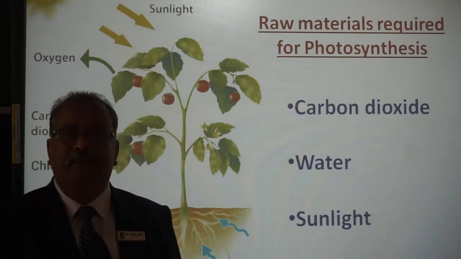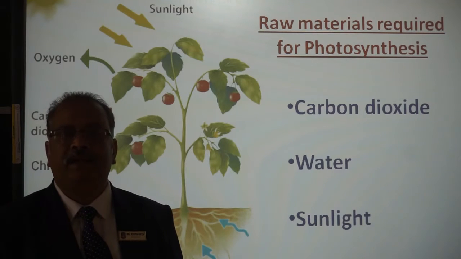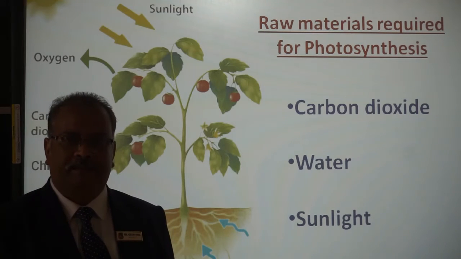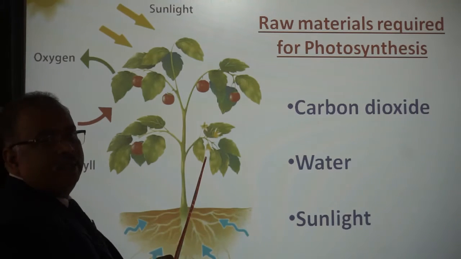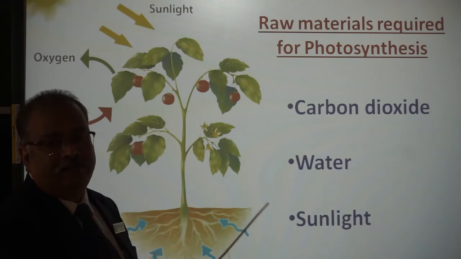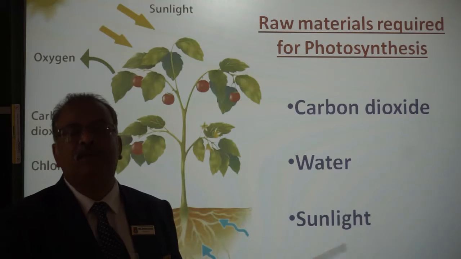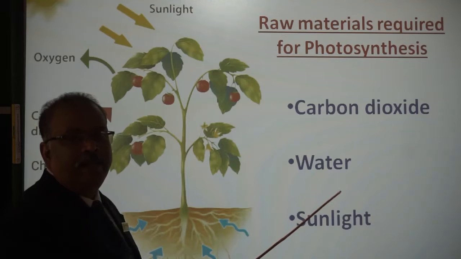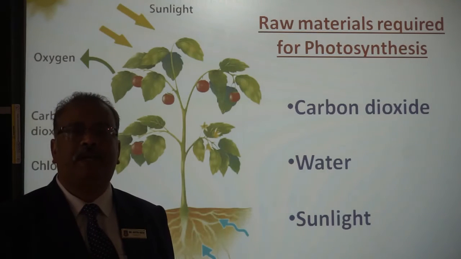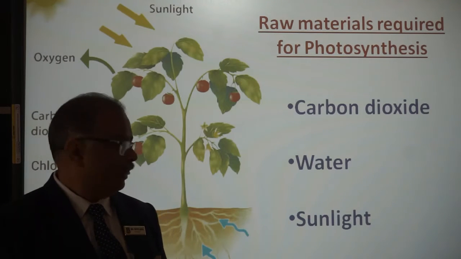Chlorophyll is a green pigment which is present in chloroplast. And that is why the leaves get their green color. Most of the leaves are green in color because of the presence of chlorophyll. And this is the one which traps the solar energy. Okay?